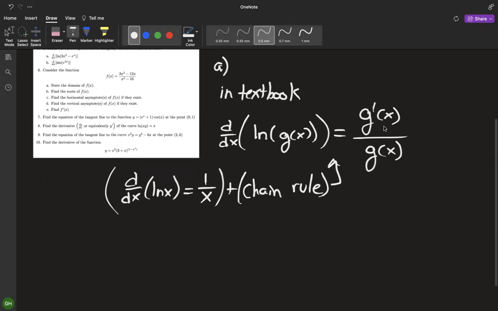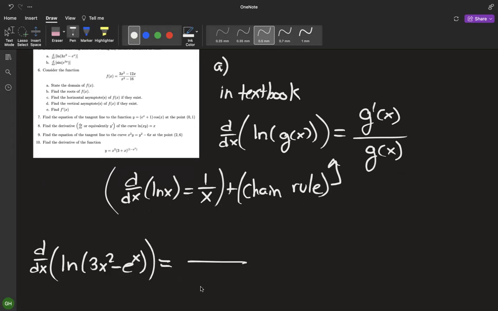So let me use this for this problem then. That means that the derivative of ln of 3x squared minus e to the x is equal to, well, on the bottom, I'm just going to get the inside function. And on the top, I get its derivative.